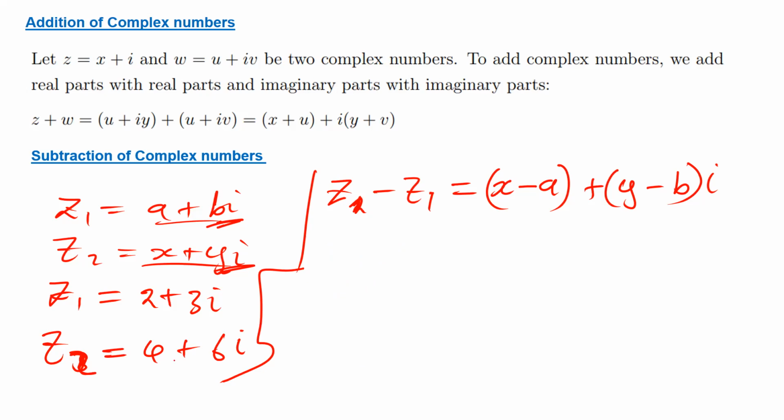we're going to have 4 minus 2 there. So it says Z2 minus Z1. We have 4 minus 2. I'm subtracting this real part from this other real part. Then we say plus. Then we have 6 minus 3.